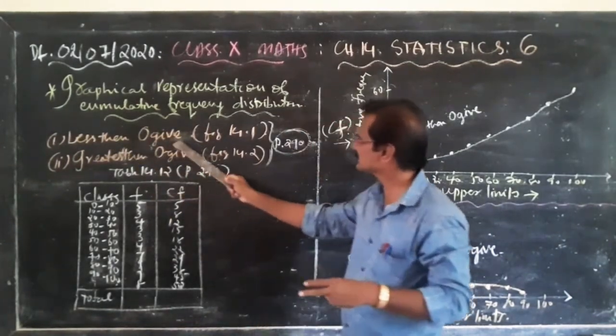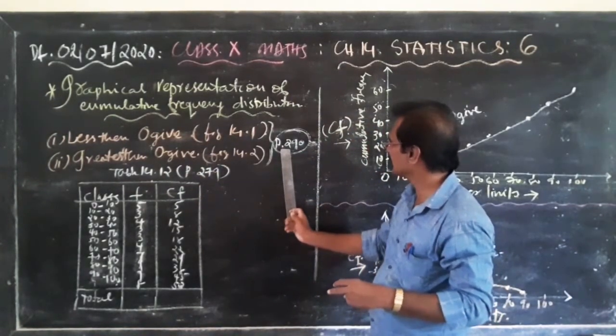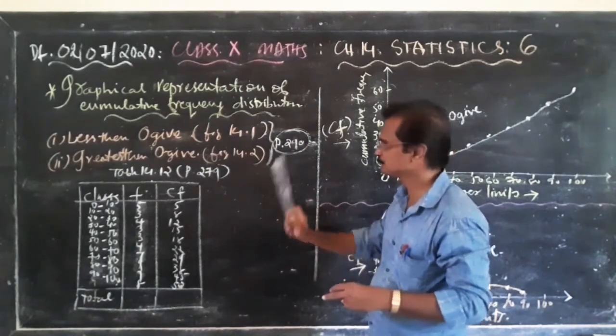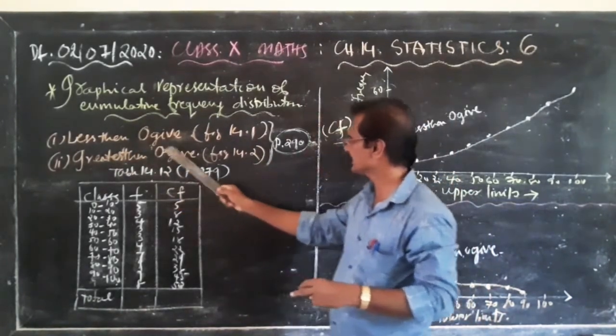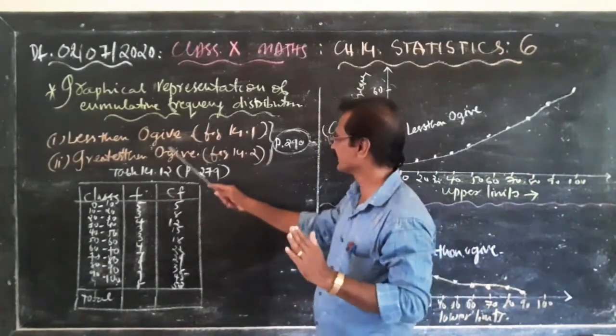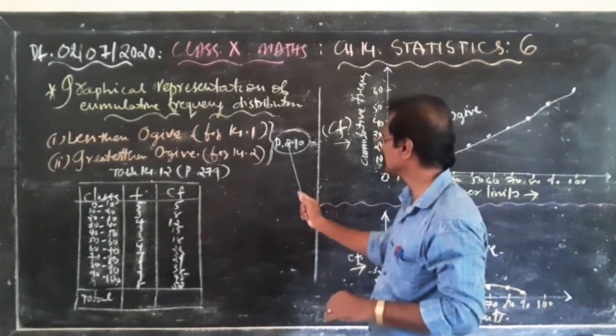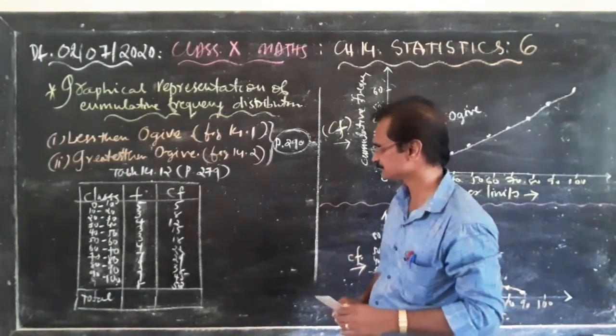One is the less than ogive, which you can see near page number 290, figure 14.1, and the second one is the greater than ogive. What is a less than ogive and what is a greater than ogive? That is figure number 14.2, and both are on the same pages.